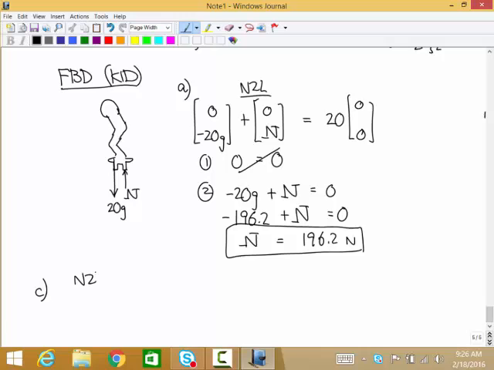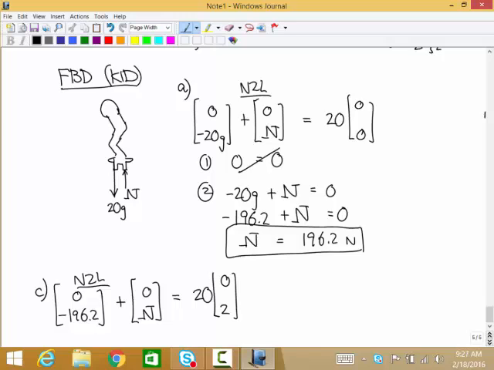Newton's second law says (0, negative 196.2), that's the weight, plus (0, N) is equal to 20 times the acceleration, which is now given as (0, 2). Everyone follow me on that one? And so you get two equations.